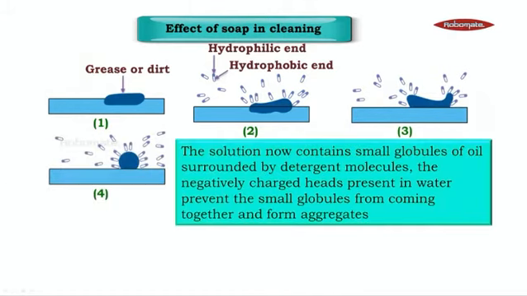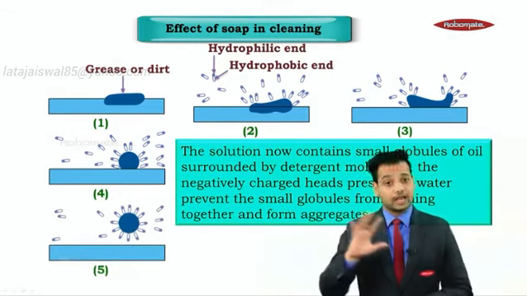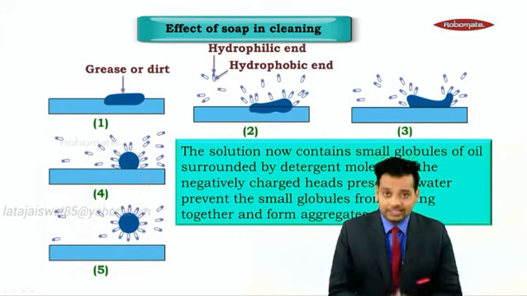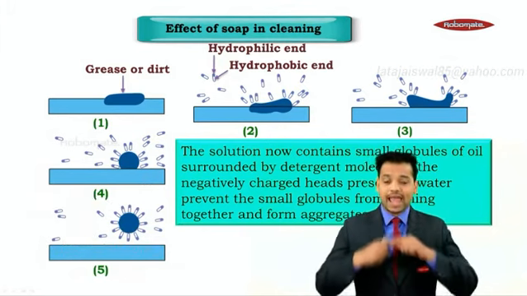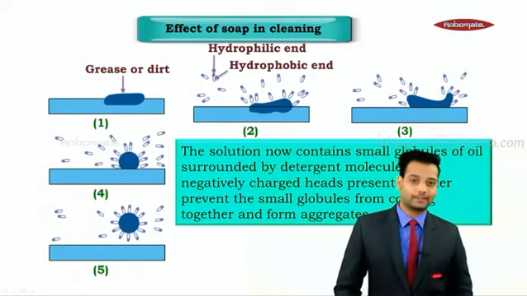The solution now contains small globules of oil surrounded by detergent molecules. The negatively charged heads present in water prevent the small globules from coming together and forming aggregates. So micelles are independent in water everywhere. Thus, a cleansing process takes place. This is how you, me, and everyone in this world is cleansed after having a good bath.